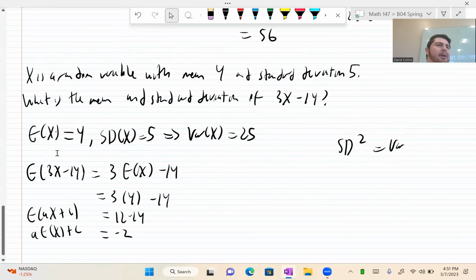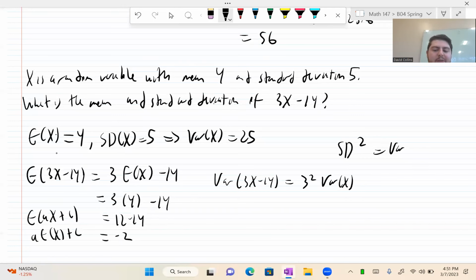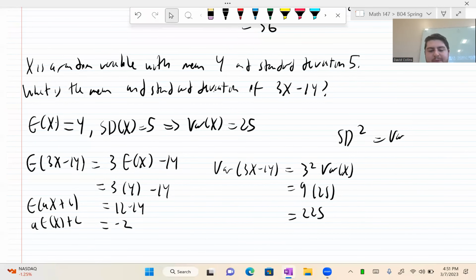Now, you're going to be given standard deviation. We don't have any nice rules for standard deviation. So you have to do it in terms of variance and then take the square root of your final answer to bring it back to a standard deviation. So the variance of 3x minus 14 is 3 squared times the variance of x. That is 9 times 25, that's 225.